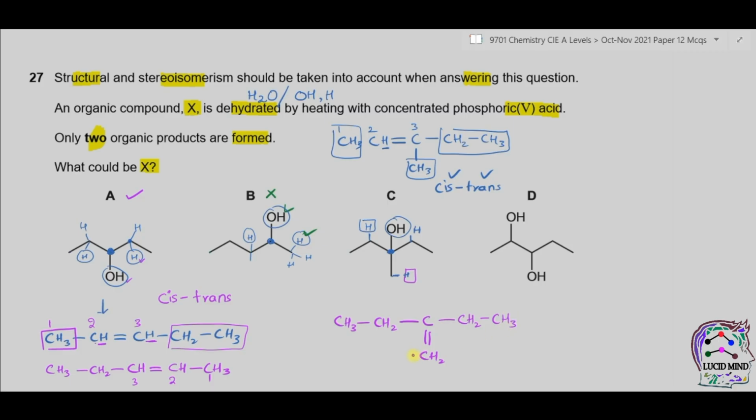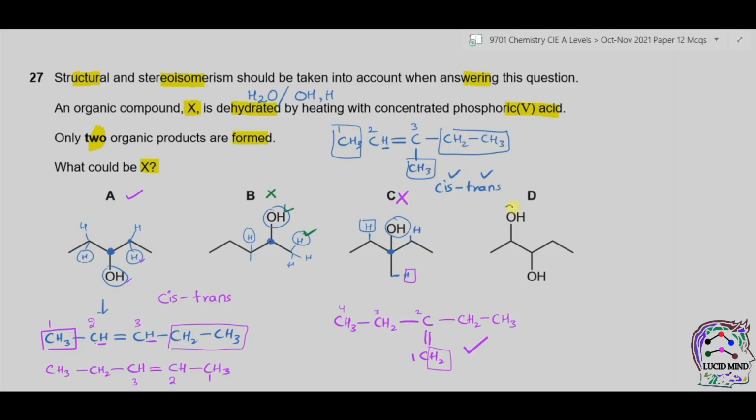Now double bond is in between first and second carbon atom, and as the double bonded carbon atom is attached with two hydrogens, so therefore this will not show cis-trans isomerism, only one product is seen. So we already have more than two products, one is cis, one is trans, and one is this one, so therefore this is also incorrect.